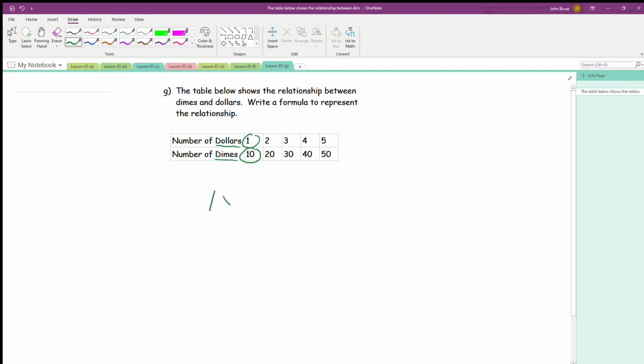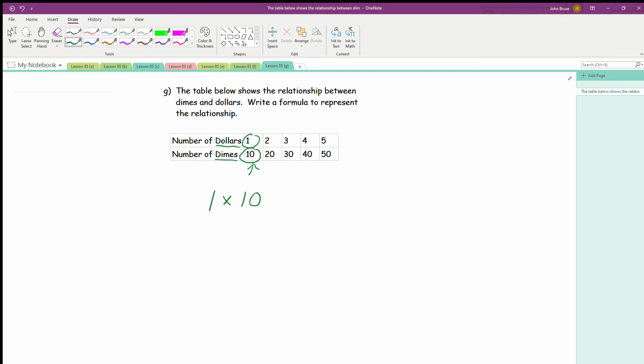We're going to be multiplying it times something. Well, we're going to use this number. Okay, so we're going to do 1 times 10. Oh, sorry, my bad. I'm going to back up just a tad bit. We're going to do 1 times 10. That's right. Okay, so let's see what happens on the next one here.